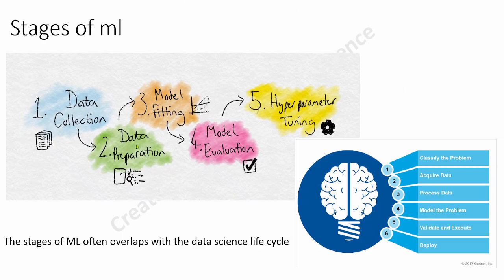So the stages of machine learning start with a data collection process, then we have data preparation. These two phases are covered in the data pre-processing video that I prepared early in the series. And then we decide which machine learning model to use.